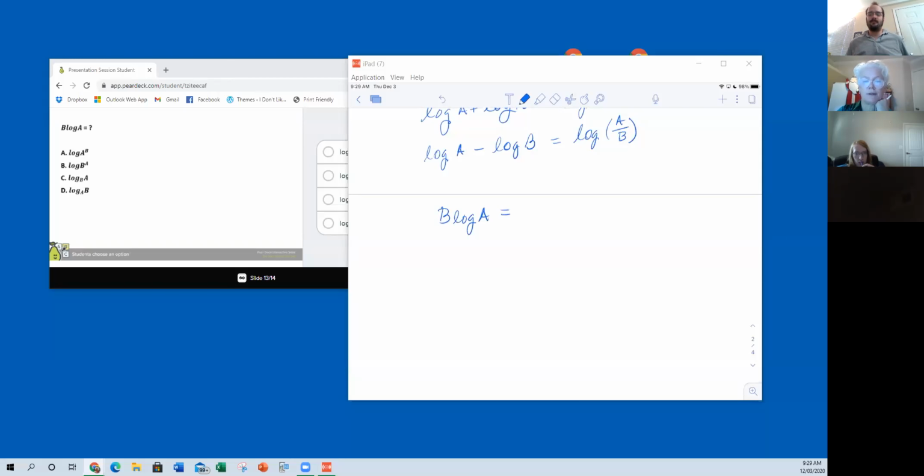The people that are answering are getting this one, so that's good. B times log A is the same thing as log A to the power of B. Backwards and forwards.